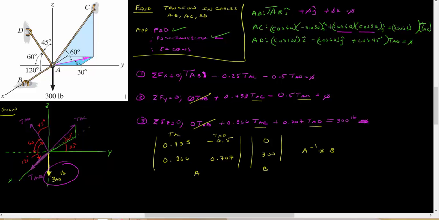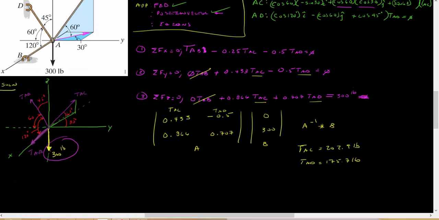When I put this in my calculator, I'm going to get the tension of AC is equal to 202.9 pounds, and then TAD is going to be 175.7 pounds. Now I can substitute this into equation 1. So TAB is equal to 202.9 pounds times 0.25.